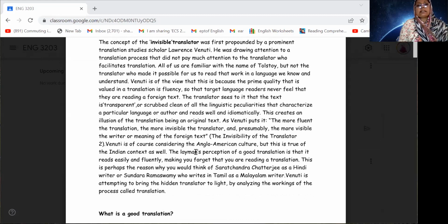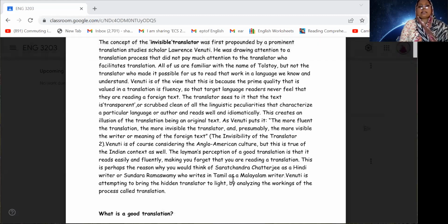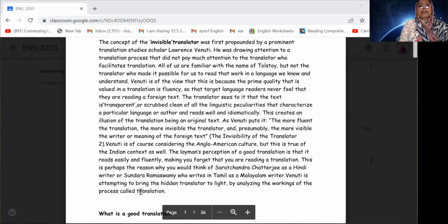This is the reason we would think of Sharat Chandra Chatterjee as a Hindi writer, and Sundara Ramaswamy, who writes in Tamil, as a Malayalam writer. Venuti is attempting to bring the hidden translators to light.